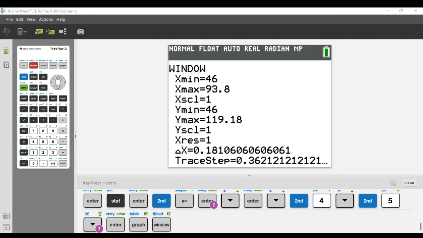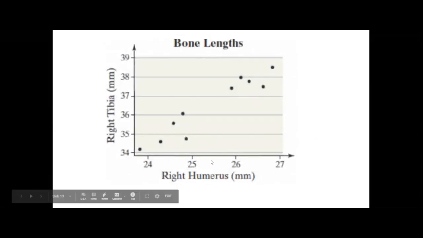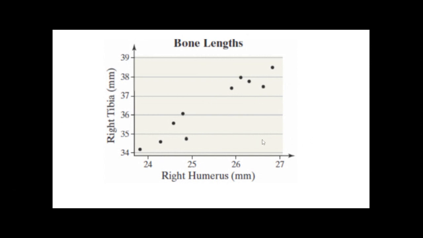Let's see if I can continue. Okay, so this is what the graph should look like, our scatter plot. Mine is not correctly set up, so I didn't show the dots. But you can always adjust the window. All right. Got it.